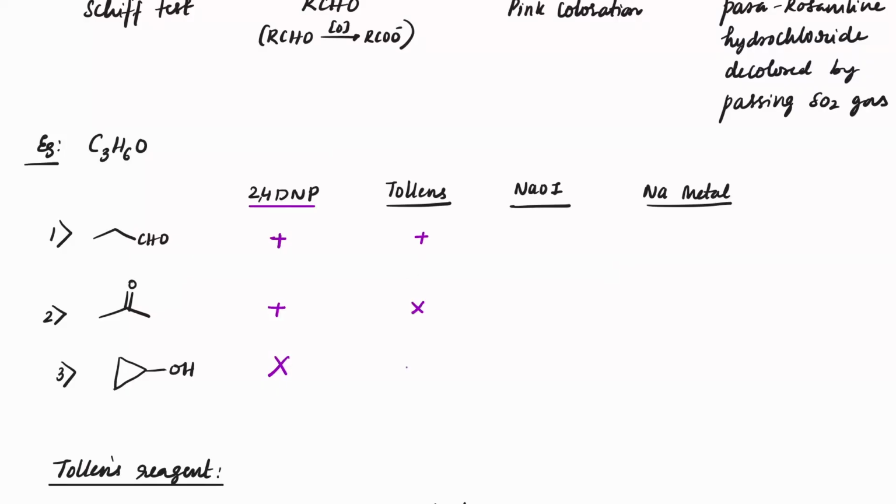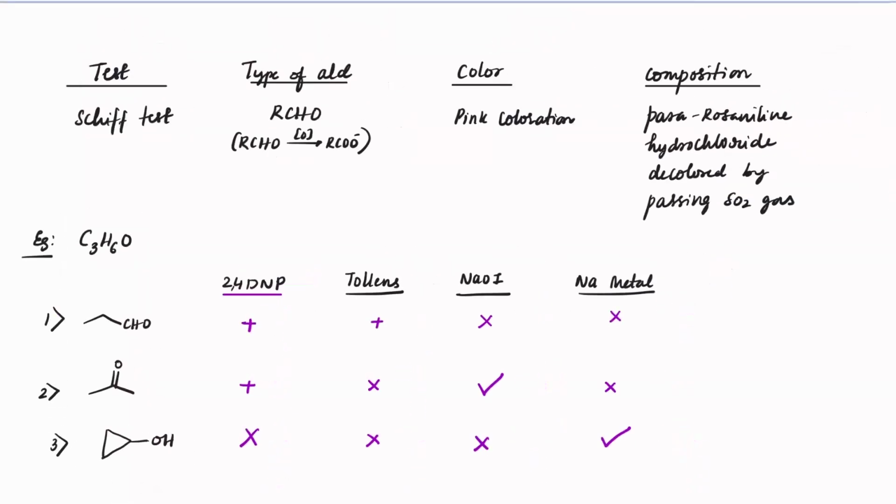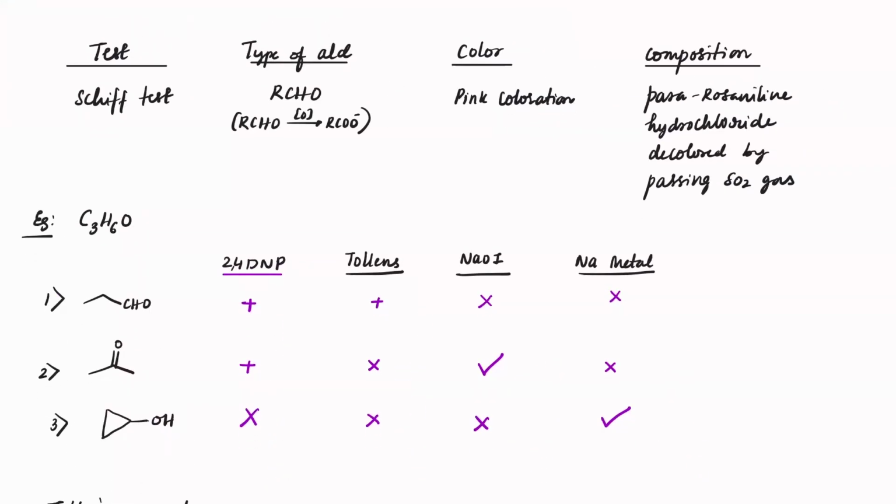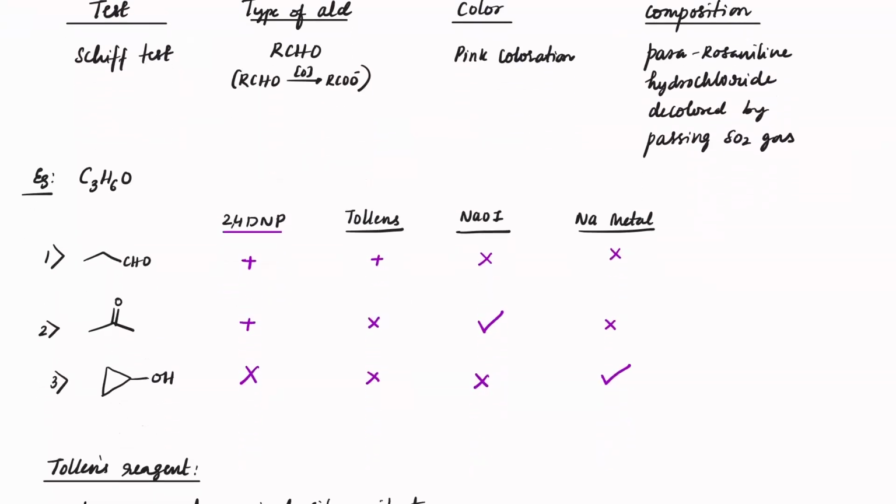They will not give positive on ketones or alcohols. NaIO, that is iodoform: here it is not observed, here it is observed, here it is not observed. Sodium metal reacts in the presence of strongly polarized hydrogen, which is there in alcohols. Got it? I guess this idea is clear now.